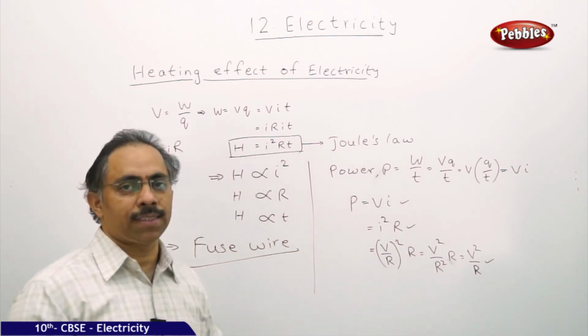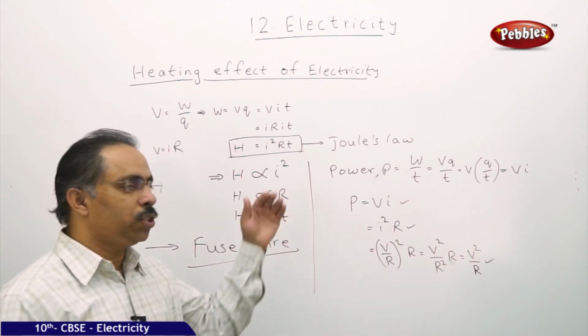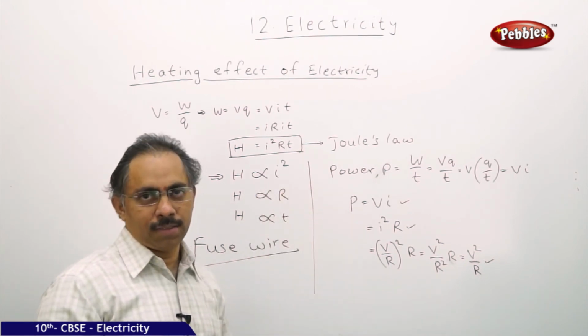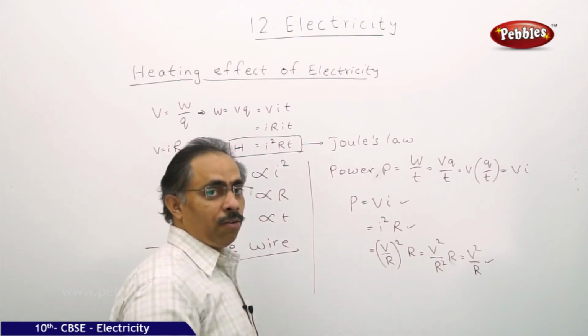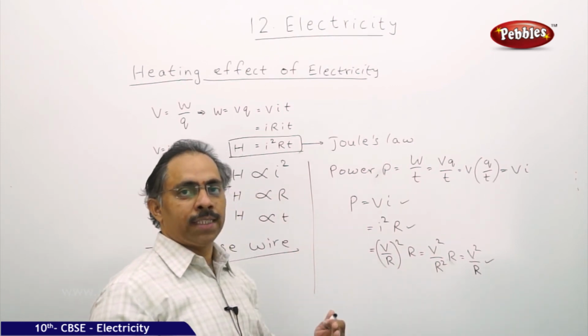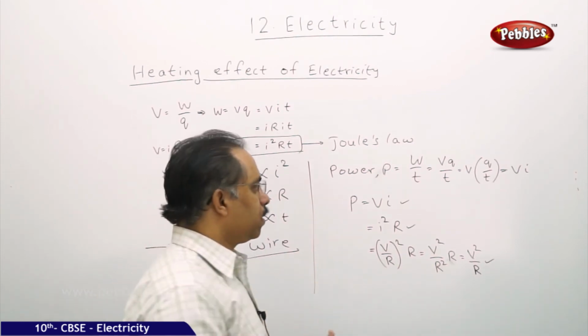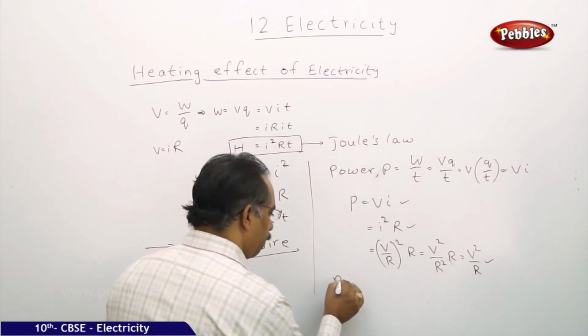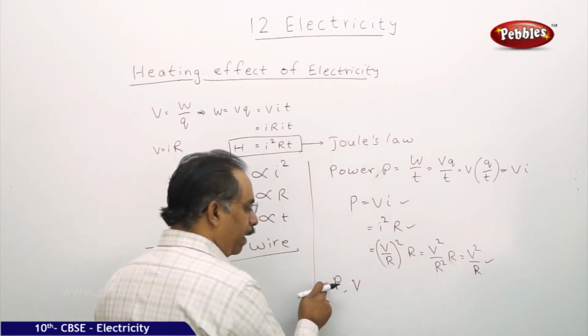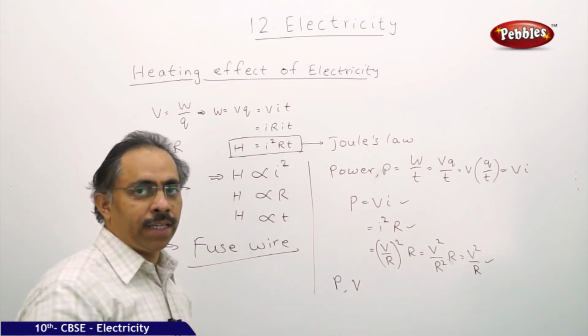Power is measured in watts. 1 joule per 1 second is 1 watt. So wattage and voltage, this is the rating they give.